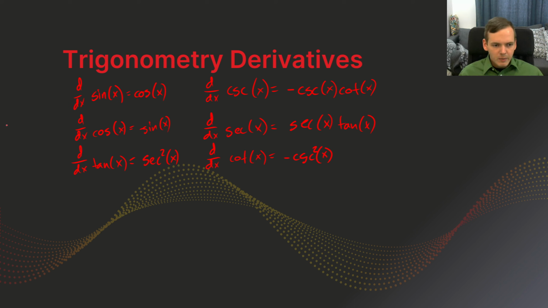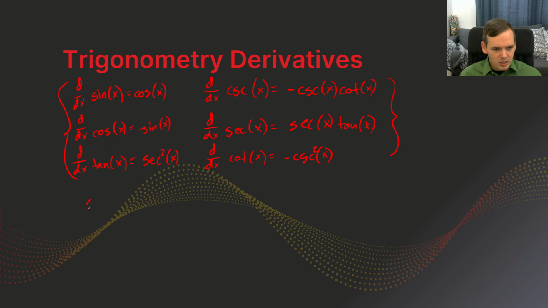These are ones you'll need to memorize. Definitely sine, cosine, and tangent. Secant, cosecant, and cotangent are useful to have memorized, but we'll see later there is a way to derive them. I'll walk you through that, and you'll be able to see how that works.